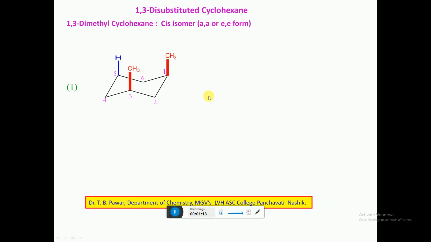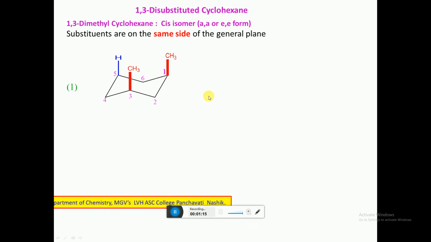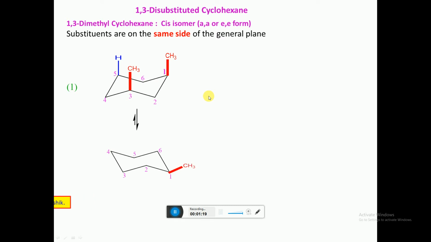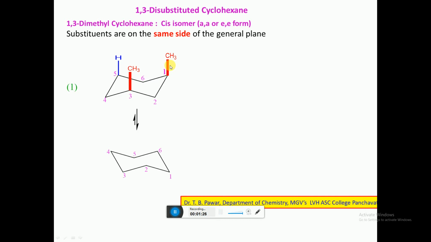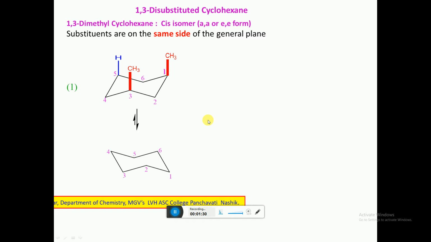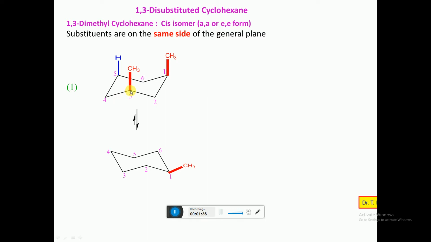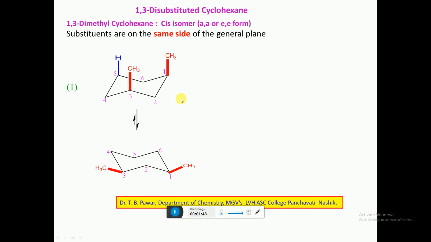Now when structure 1 flips into structure 2, the methyl group at carbon number 1, which is in an axial position in structure 1, changes to equatorial position when it flips to 2. Same, the CH3 at carbon number 3, axial in structure 1, changes to equatorial position.